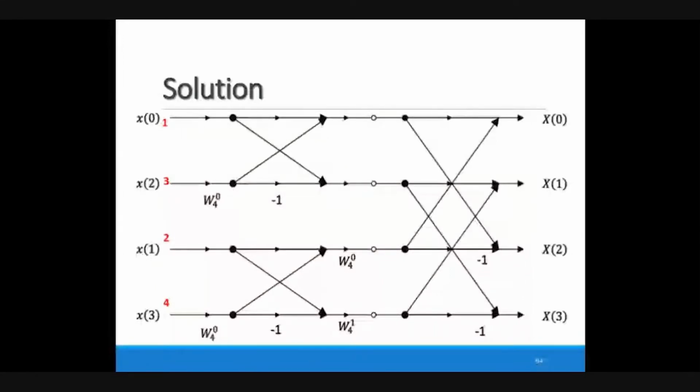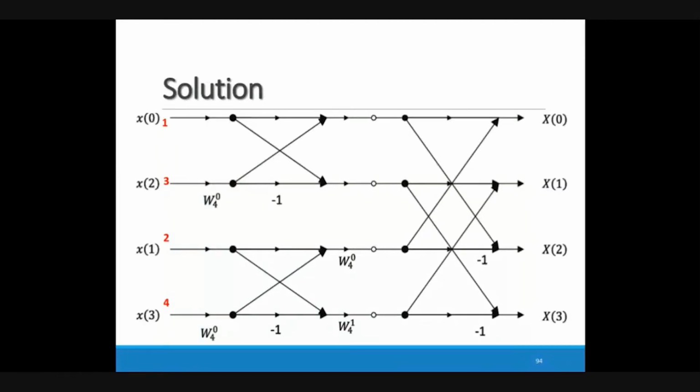As this is a 4-point DFT, simply when you divide the sequence into even and odd, your task is completed. But for 8-point DFT, we have to exactly apply the bit reversal order and then apply the input. Here, the even part gives x of 0 and x of 2, and the odd part gives x of 1 and x of 3.